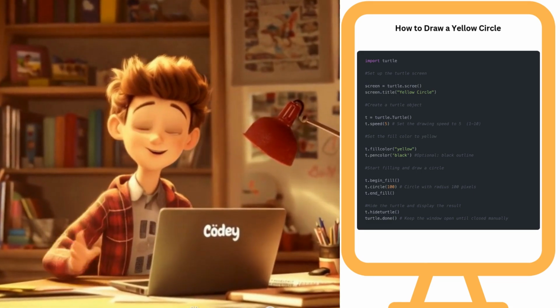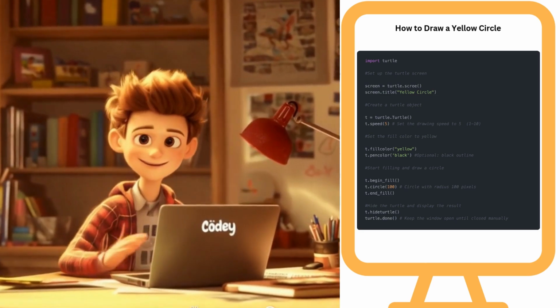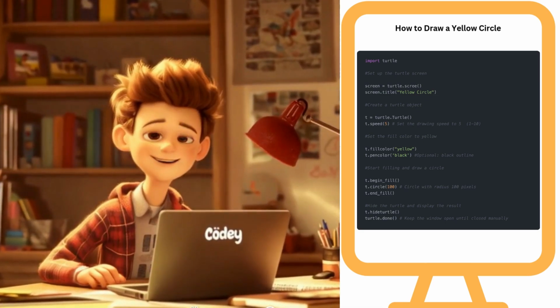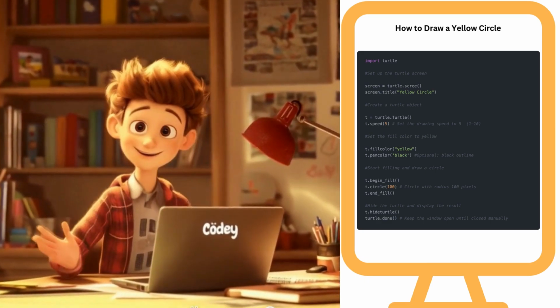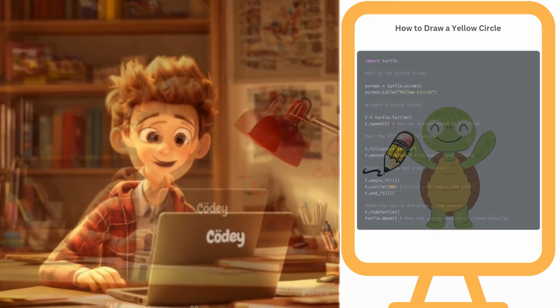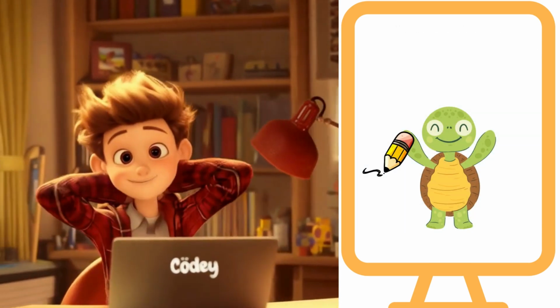That's what t.hideturtle() does. And finally, we tell the computer, "Hey, keep this window open so we can look at our masterpiece." That's what turtle.done() does. And just like that, we turned code into a picture.